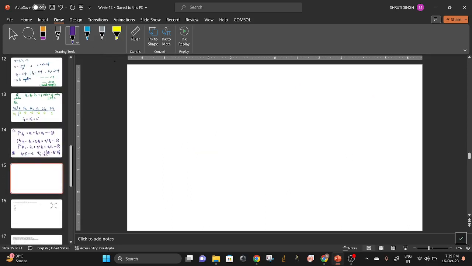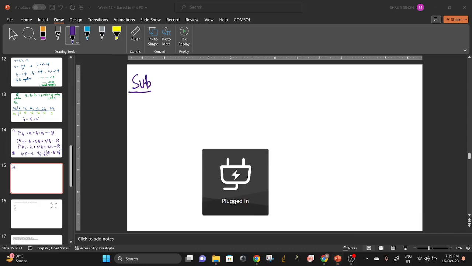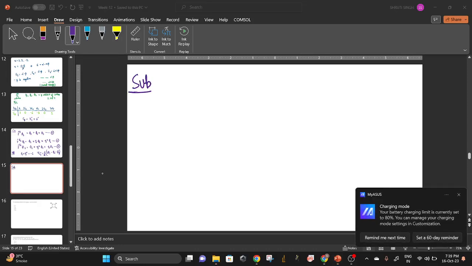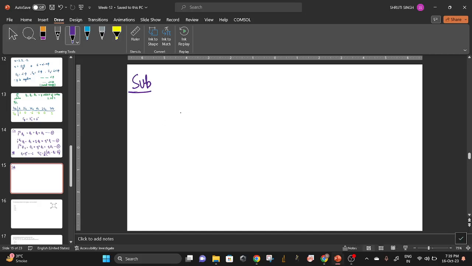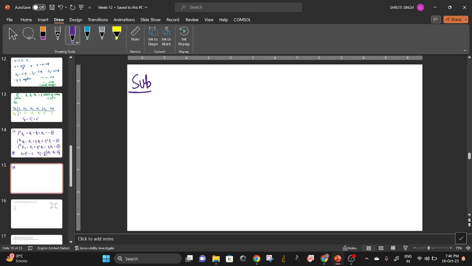So when we subtract ones, on subtracting we will get psi 1 cancelled out. This one will be epsilon minus epsilon star, and this will be epsilon star minus epsilon, and we can divide by i to get the real component.